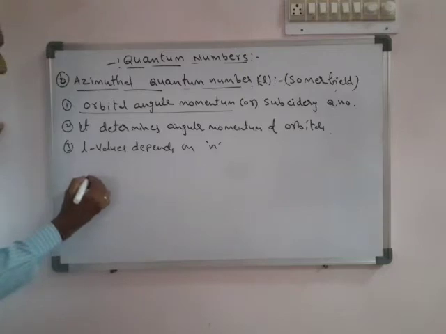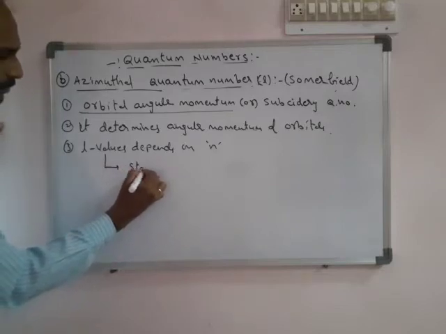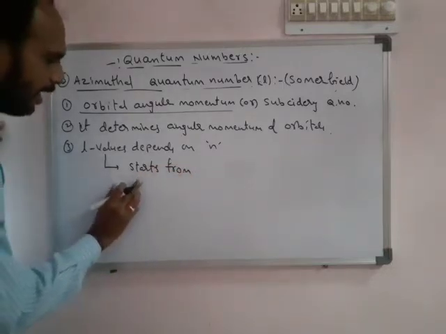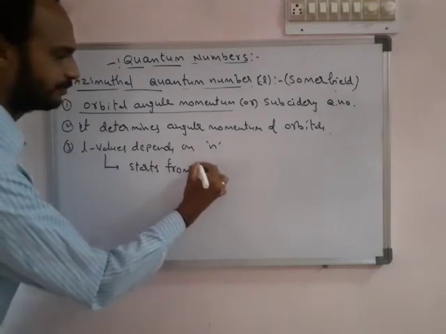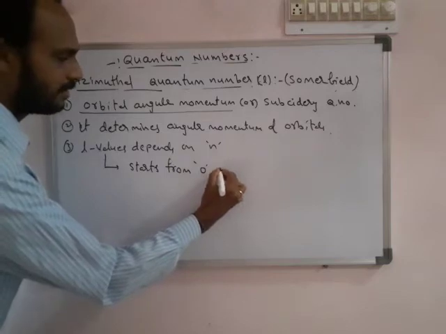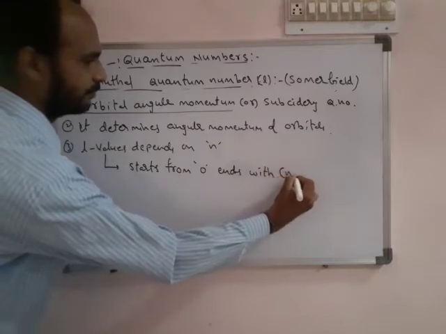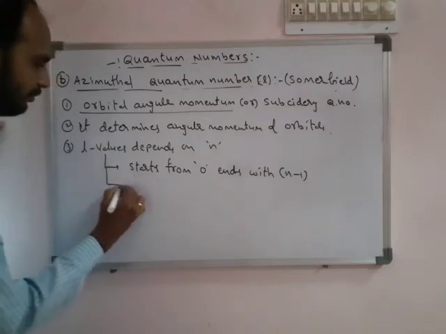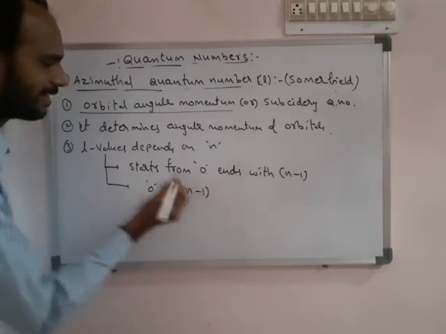Generally, for an orbital, L values start from 0 and end with n minus 1. Means L values, simply we can write, are 0 to n minus 1.